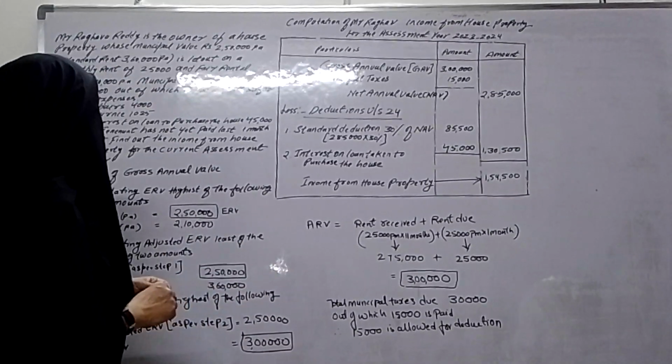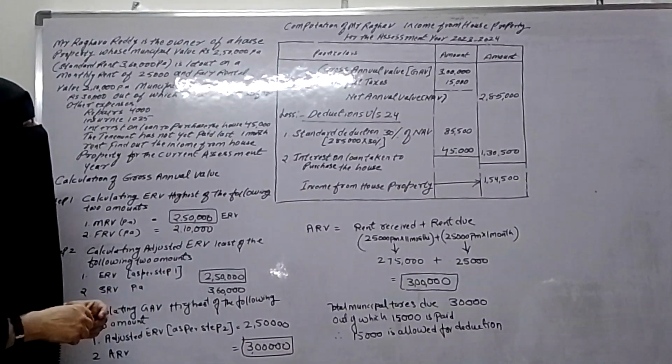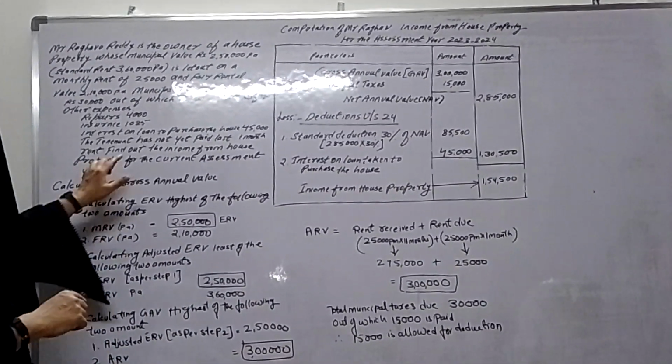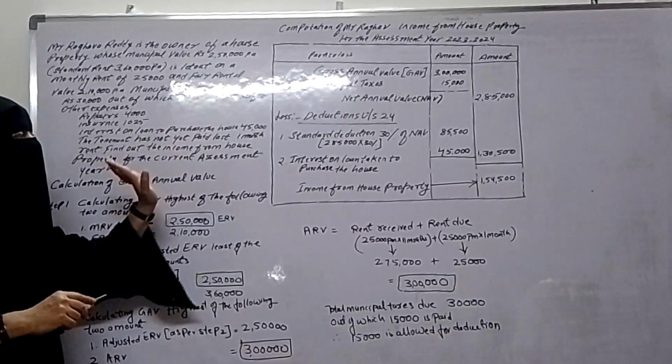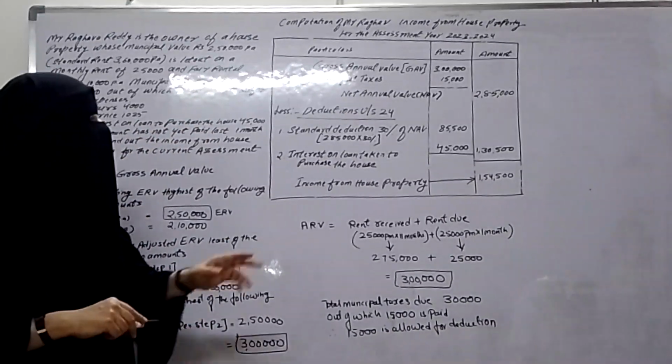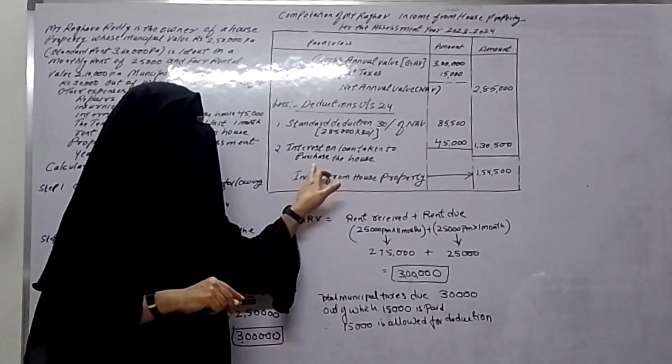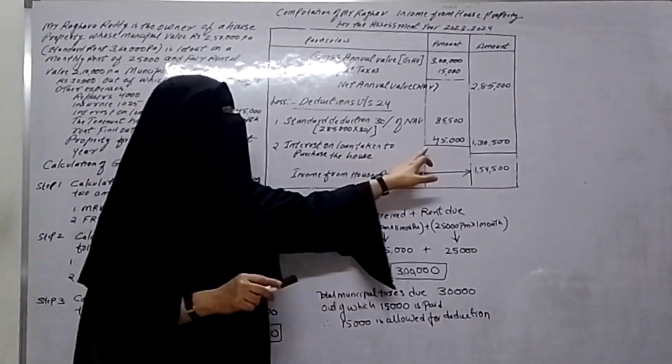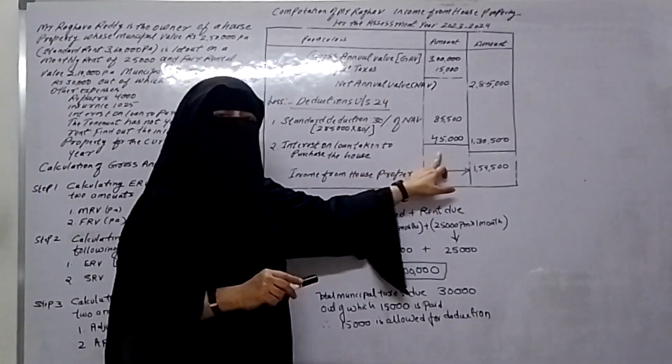In the question it is given that interest on loan is to purchase the house. Interest on loan to purchase the house is 45,000. So it is allowed for deduction.